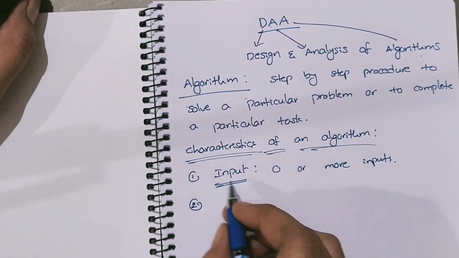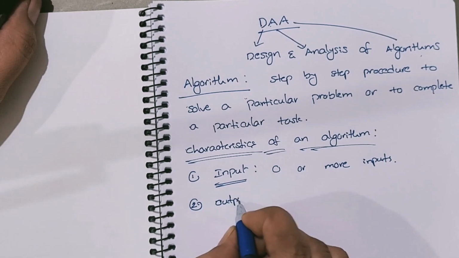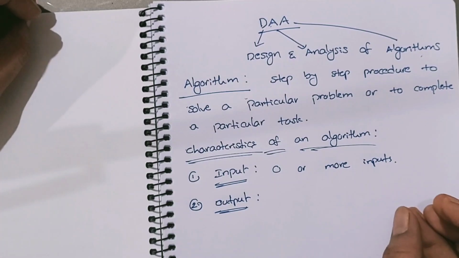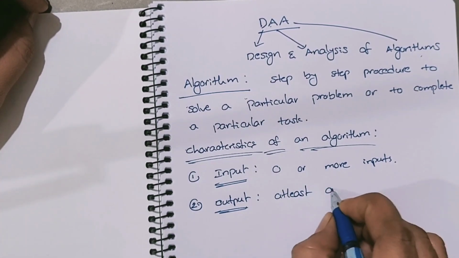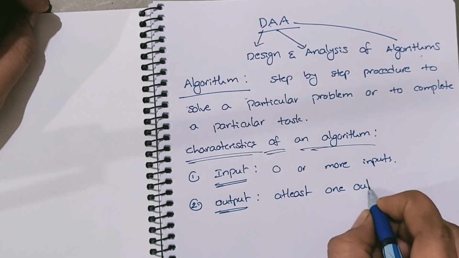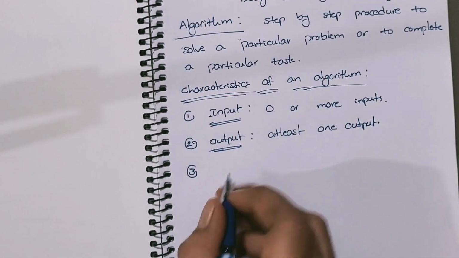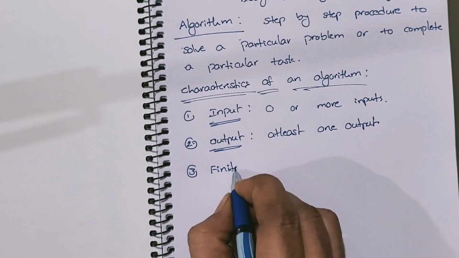Next one, output. Your algorithm should produce at least one output. Third characteristic is finiteness.